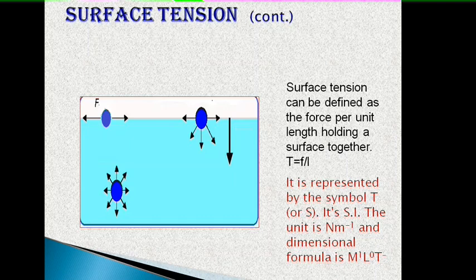One is completely inside the liquid, another is partially inside the liquid and partially outside, and another is lying on the surface of the liquid. Suppose this is the assumption, and the molecular theory explains surface tension well.